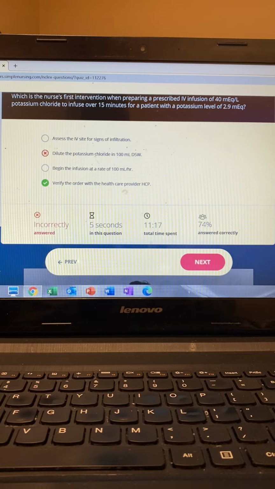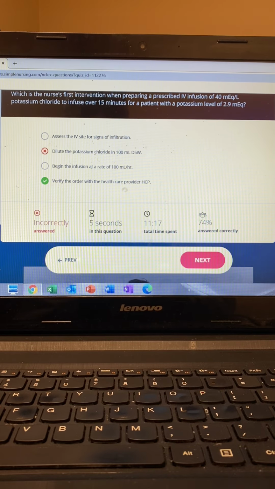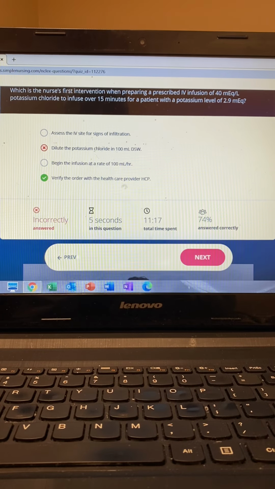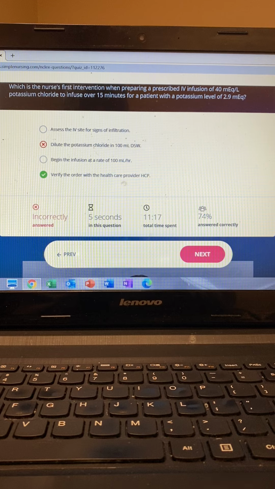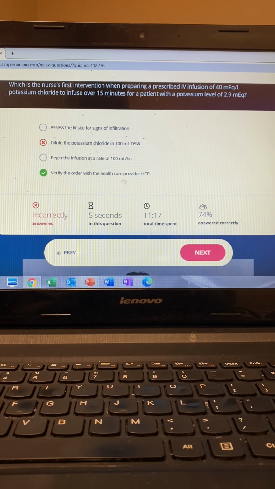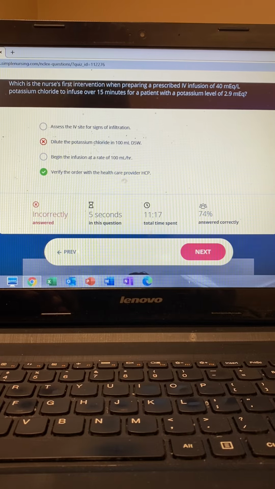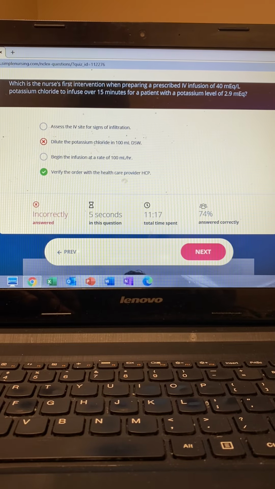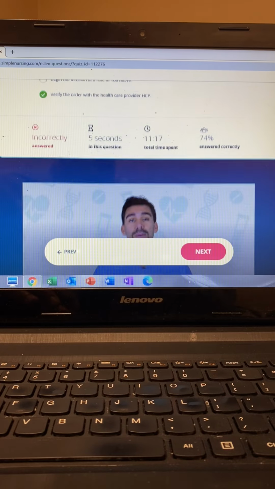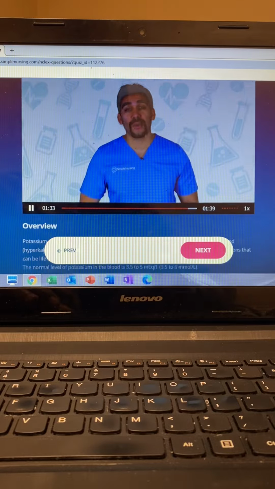And option number 3, we don't start an IV order without verification, so this option's incorrect. There's no indication of volume of potassium infusion. And option number 4 is correct, guys. We always check the order with the provider. Guys, potassium is priority here. We have to give potassium over an hour when it's given via IV. So, potassium given in 15 minutes is way too fast. Just confirm the order there.